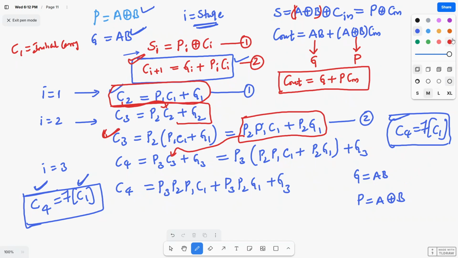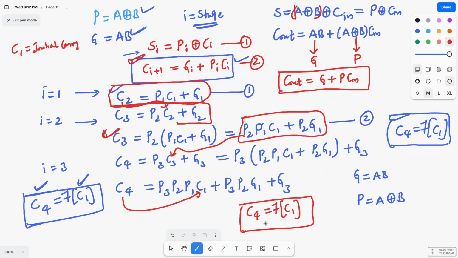If you observe this equation, C4 is depending on C1 and P1. So C4 is a function of only C1. Do you observe any C2 or C3 in this equation?